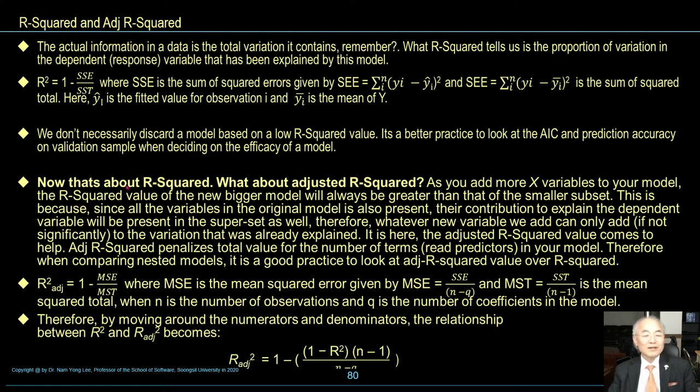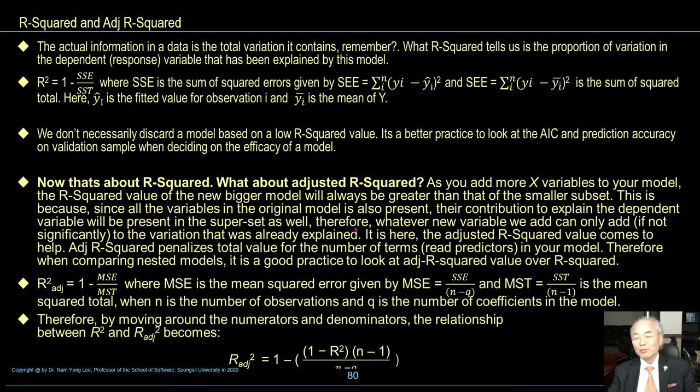Now that's about R squared. What about adjusted R squared? As you add more X variables to your model, the R squared value of the new bigger model will always be greater than that of the smaller subset. This is because all the variables in the original model are also present, so their contribution to explaining the dependent variable will be present in the superset as well.